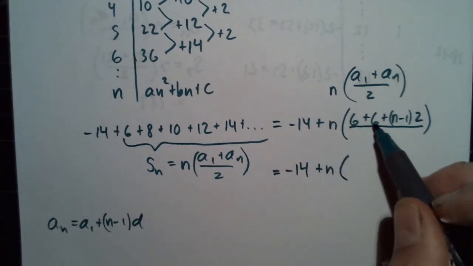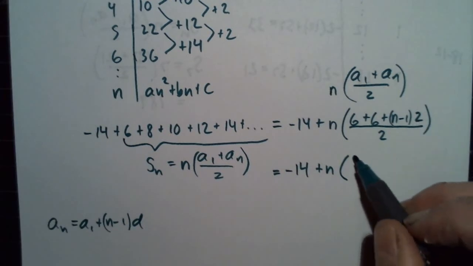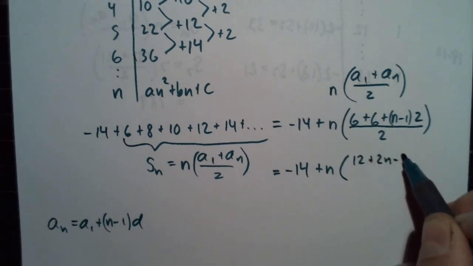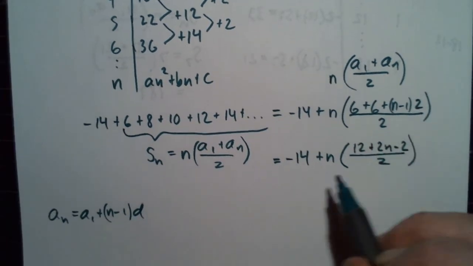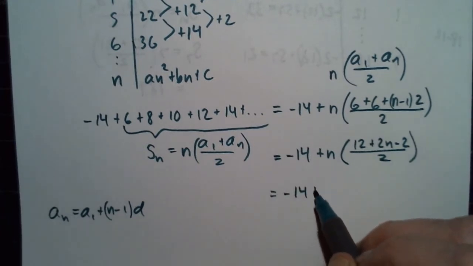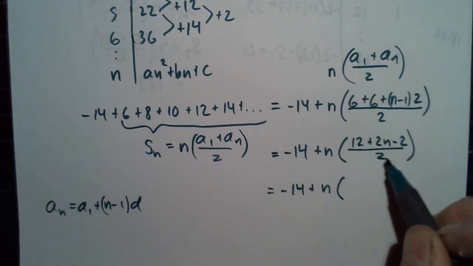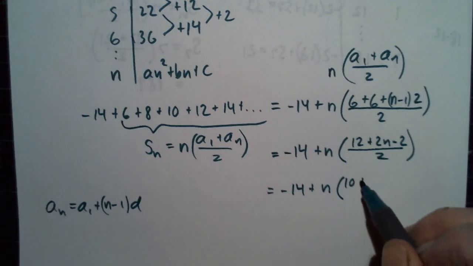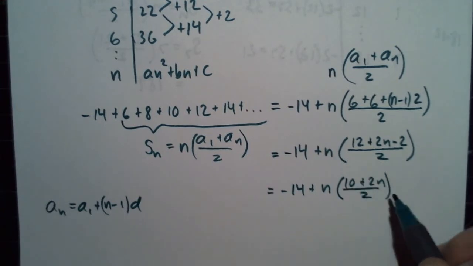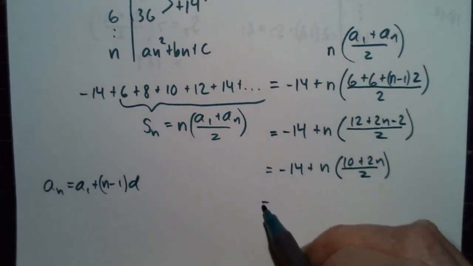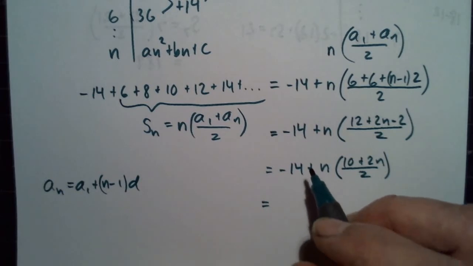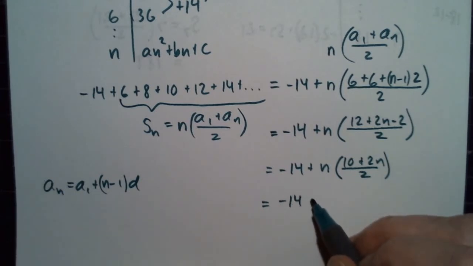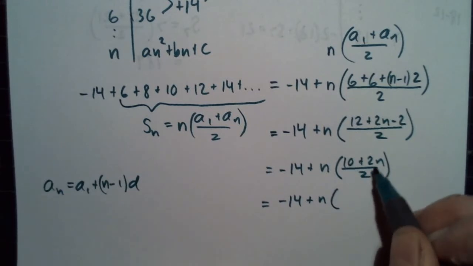So this is going to be 12 plus 2n minus 2, 10 plus 2n over 2. And this will be 5 plus n.